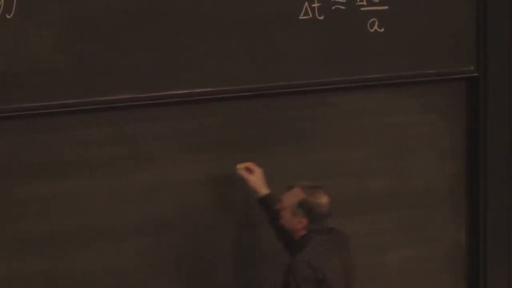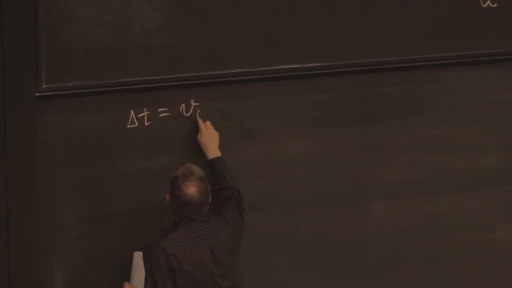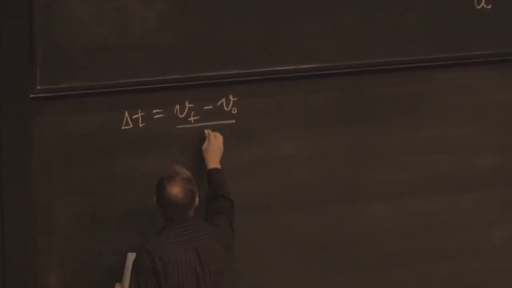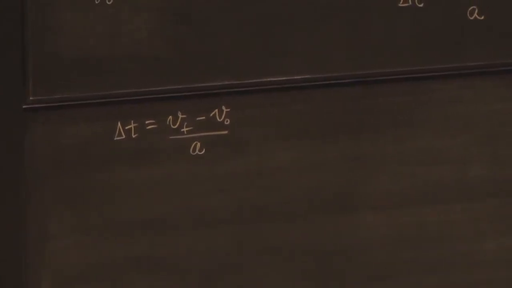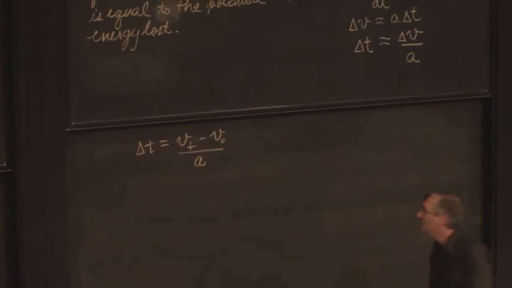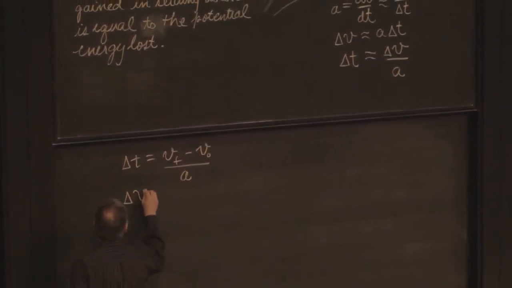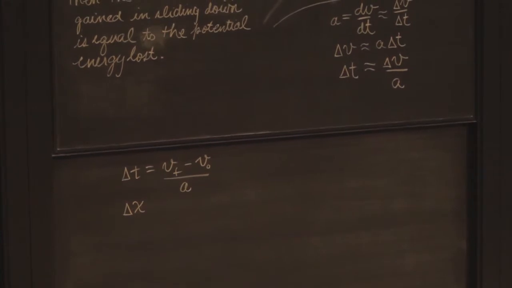So delta t is v final minus v initial for this little interval over the acceleration. How far will it go in that time? Which v should I use?